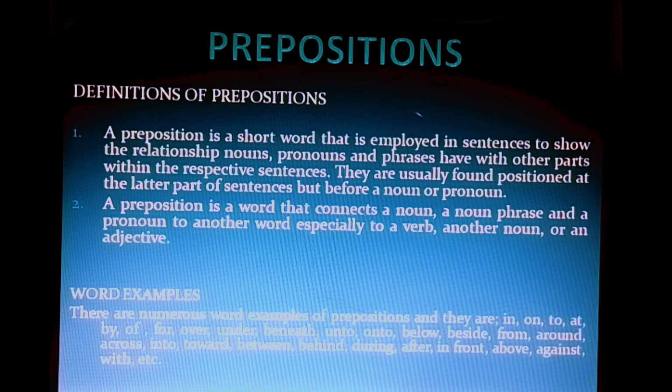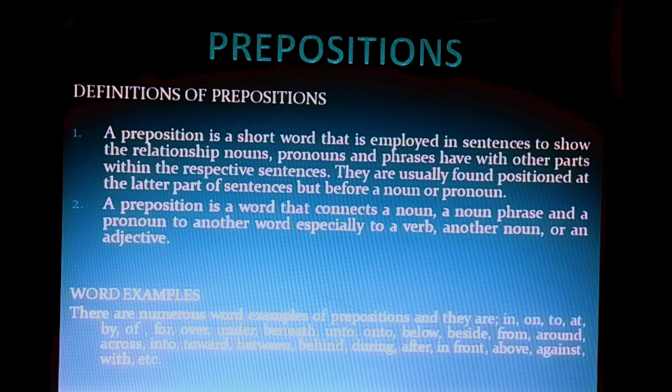They can only be at the later part of a sentence. That is the first definition of what prepositions are. They are short words. They are not long words. That is what prepositions are.